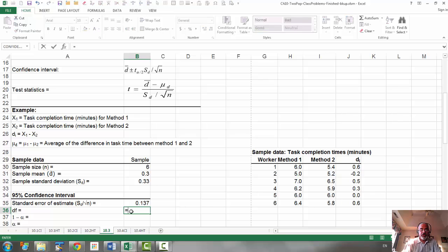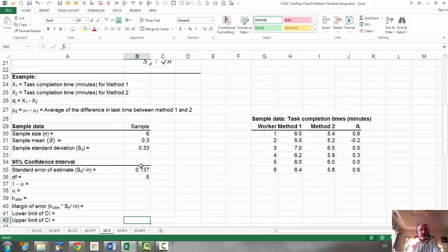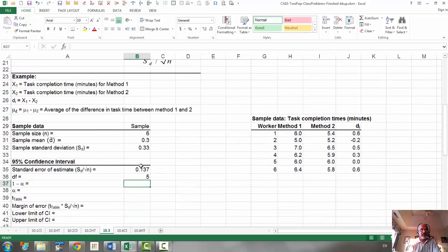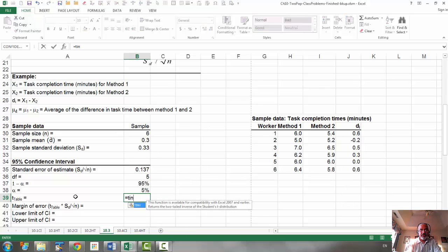Now degrees of freedom is n minus 1. We want a confidence interval. So suppose we want a confidence interval for 95%. So 1 minus alpha is 95%, so alpha is 1 minus that. And then the t table value is T.INV.2T, where alpha and degrees of freedom are given.